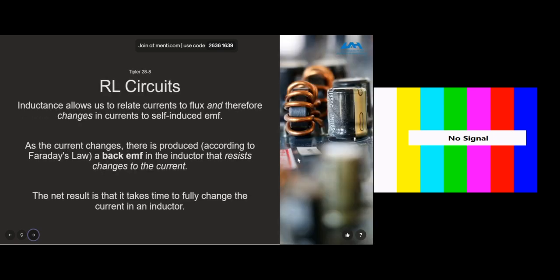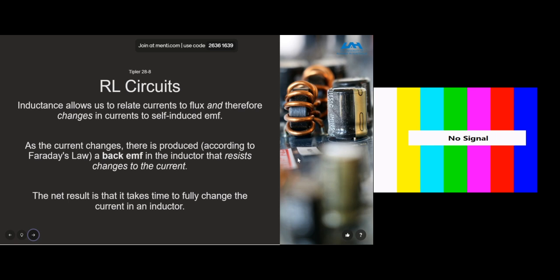And you can go into your book and see the derivation for this, but the idea is that inductance allows us to relate currents to flux. We've already talked about that, and therefore changes in currents to self-induced EMF. As the current changes, there is produced this back EMF, that's what I've just stated on the previous slide, in the inductor that resists changes to the current.